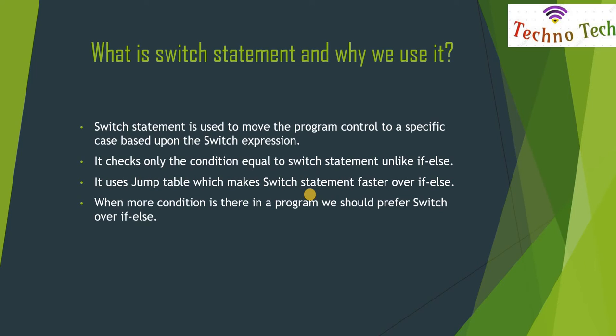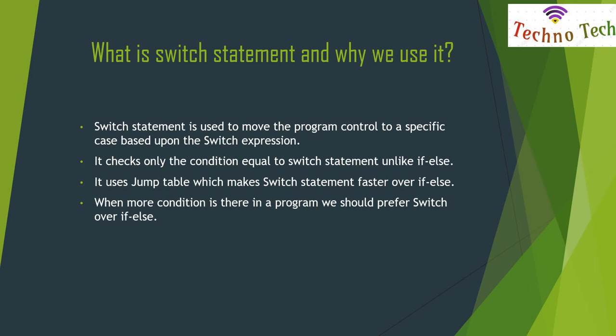So in the fourth point, when there are more conditions in the program, we should prefer switch over if else. As I told you in the previous point, the switch statement is preferable if there are more conditions. That is what the fourth point is.